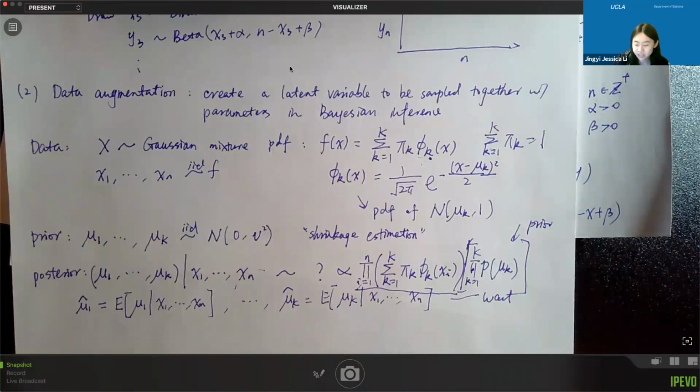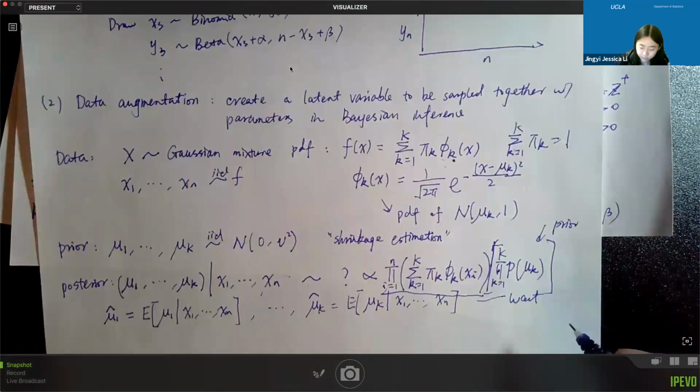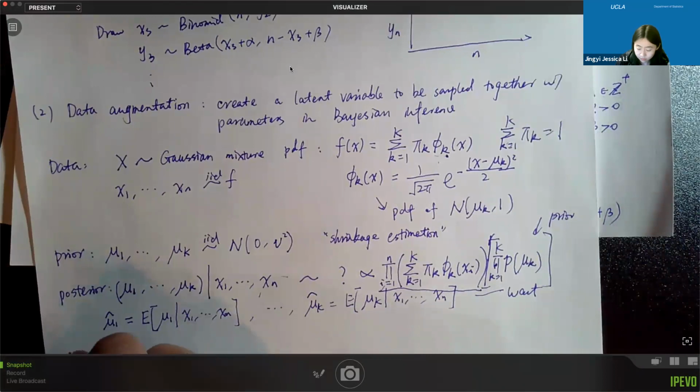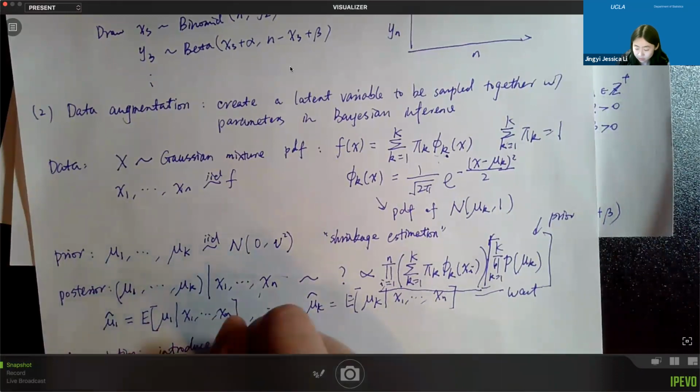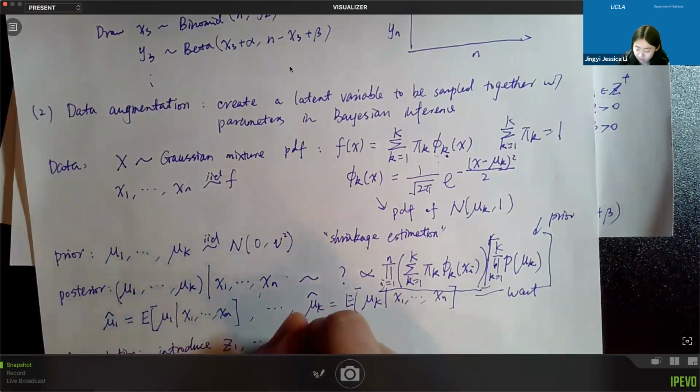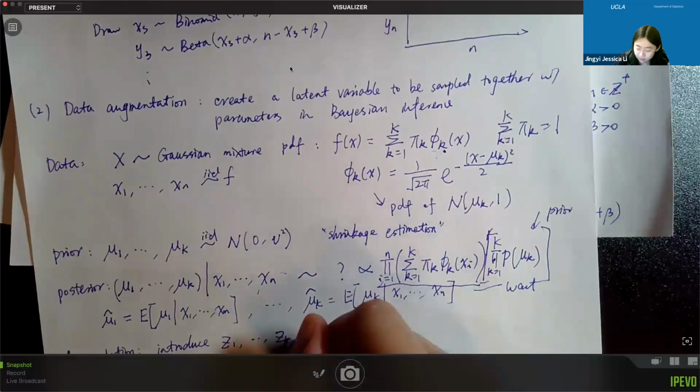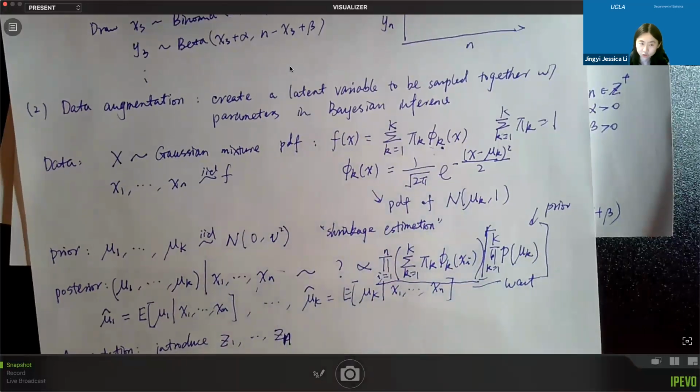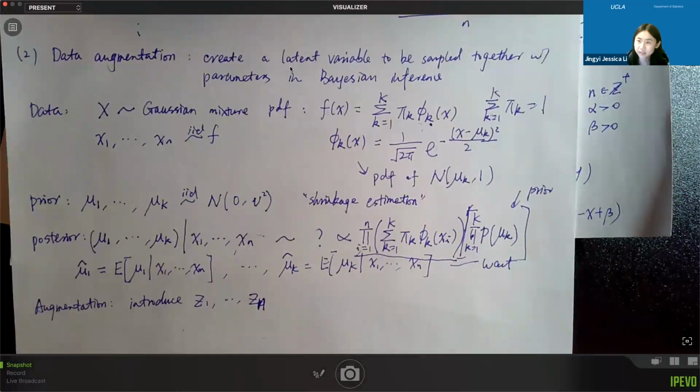That's why we need data augmentation. How data augmentation works is that you introduce Z1 to Zn, which you don't observe. But you assume these are the latent memberships of your X1 to Xn.